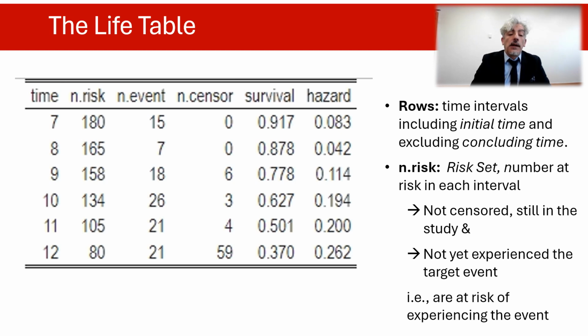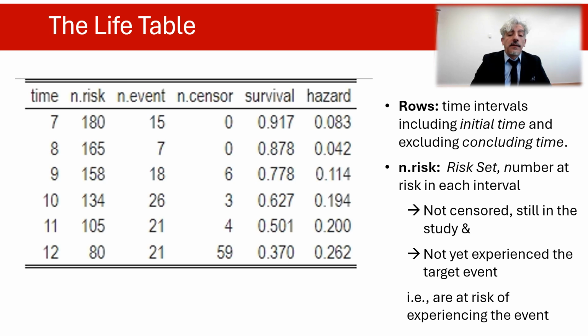The N risk means that this is the number of participants at risk of experiencing the event for the first time. The N event reports the number of participants who experienced the event during that interval. For example, 15 participants had reported initiating sexual intercourse for the first time between grade 7 and grade 8.